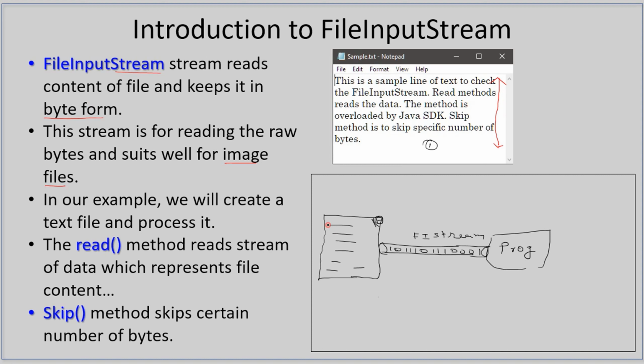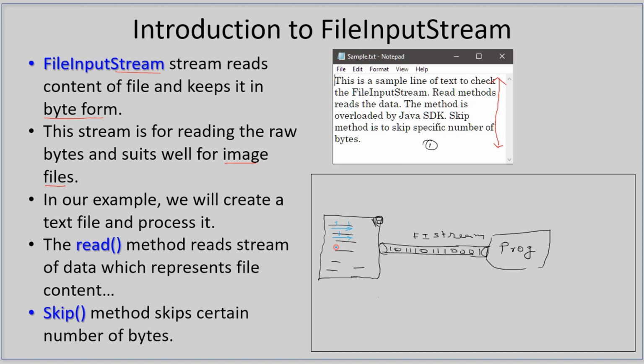That means when you are scanning the file content, the scanning will go like this, and you will read the content byte by byte, or a specific number of bytes, or even the complete content. But when you read it byte by byte, or a certain number of bytes, say 12 bytes, in chunks, you can use the skip method.